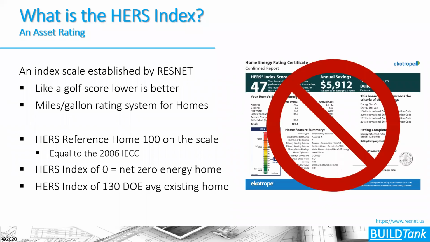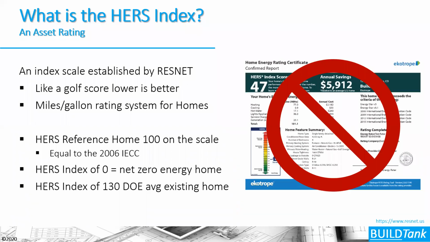We have to remember that a HERS energy rating index is not a code compliant index score for this pathway. The pathway is utilizing the same standards that create the HERS index, but the ANSI standard 301 that creates the energy rating index score for code has been changed a little bit.